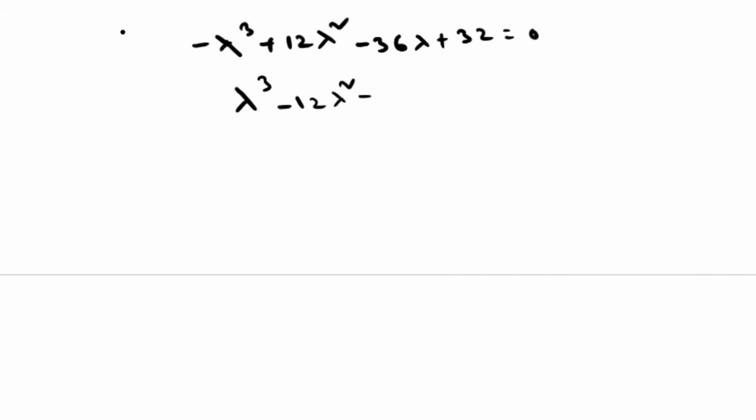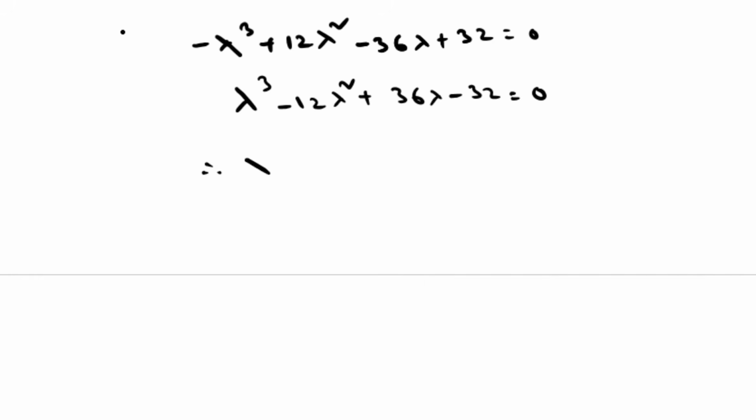Minus lambda cube plus 12 lambda square minus 36 lambda plus 32 is equal to 0. Lambda cube minus 12 lambda square plus 36 lambda minus 32 equals 0.